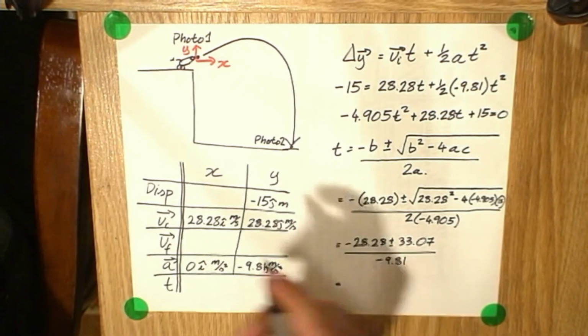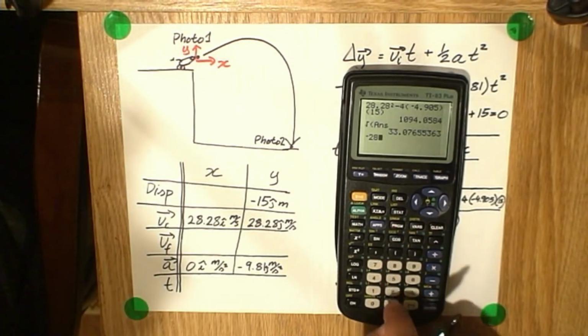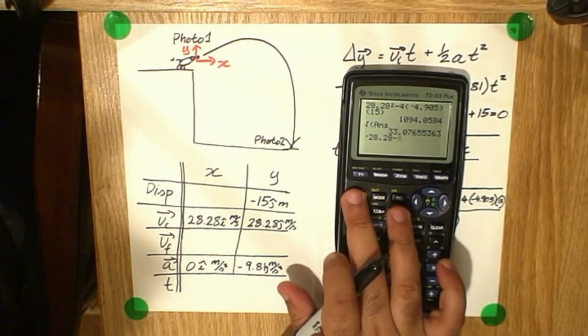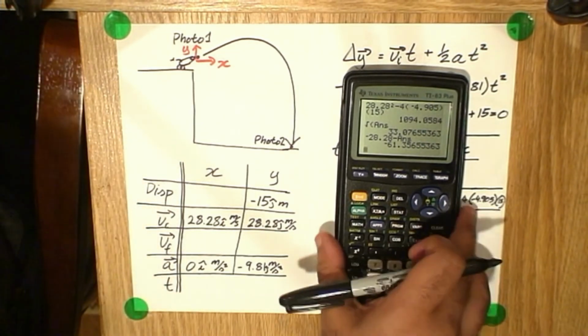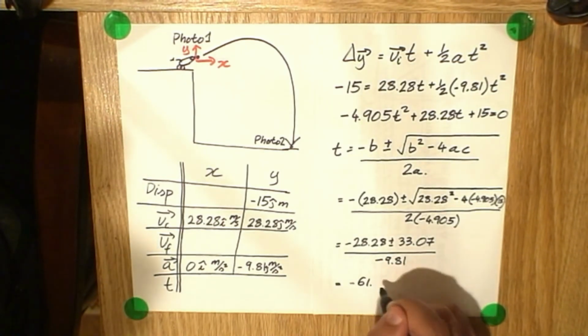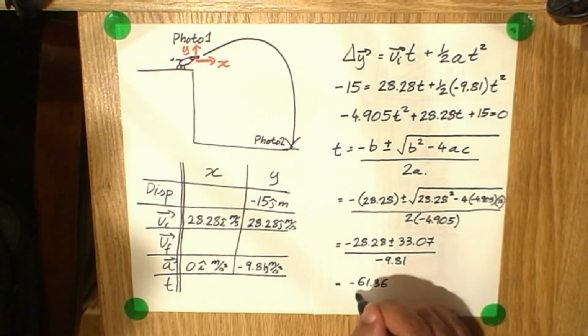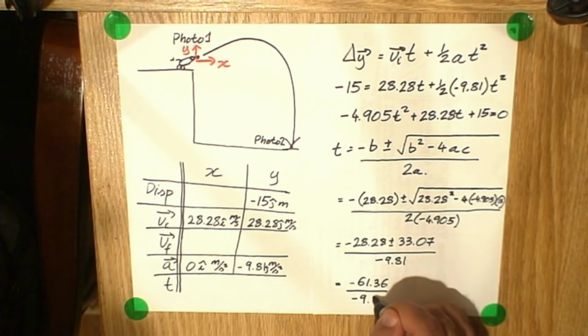So, negative 28.28 minus this answer, 33.07, gives us negative 61.36. That now gets divided by negative 9.81.